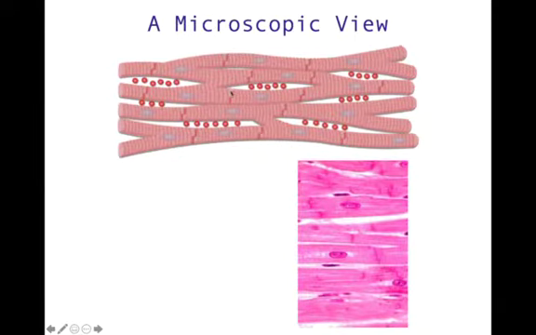There's the nucleus. This red line here and here shows you that this cell is joining to this cardiac muscle cell, and it's also joining to this cardiac muscle cell over here. You also see that cardiac muscle cells are branched. So they're branched, they're short, and they're joined to other cardiac muscle cells.